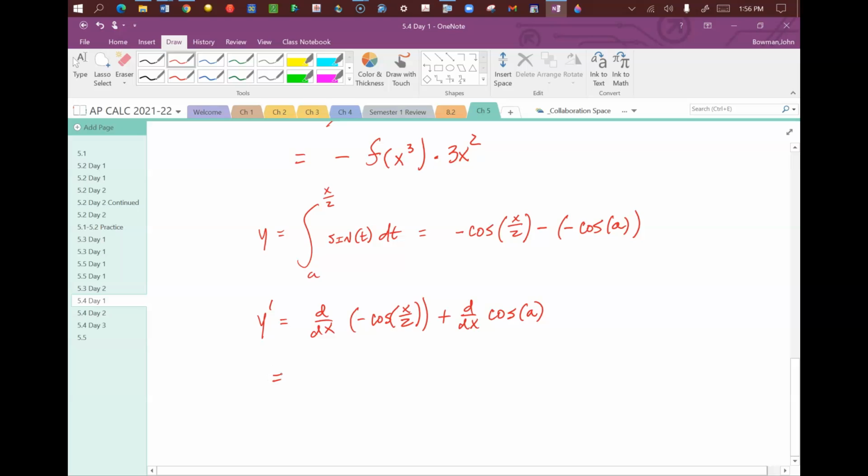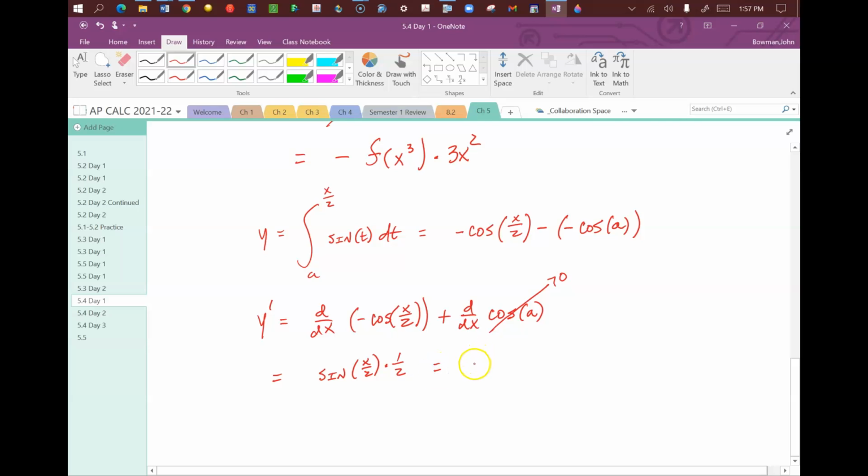Well, the derivative of the opposite of the cosine is going to be the sine at x over 2 times the derivative of x over 2, which is 1/2. And the derivative of the cosine at a is simply going to be 0 because that's the derivative of a constant.